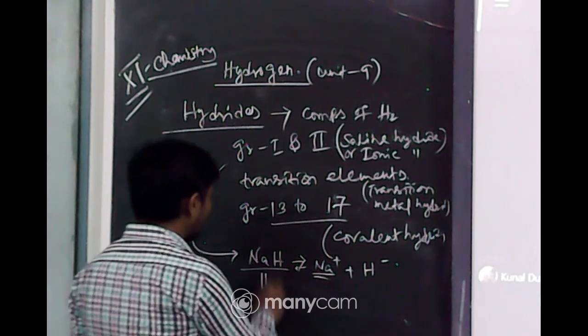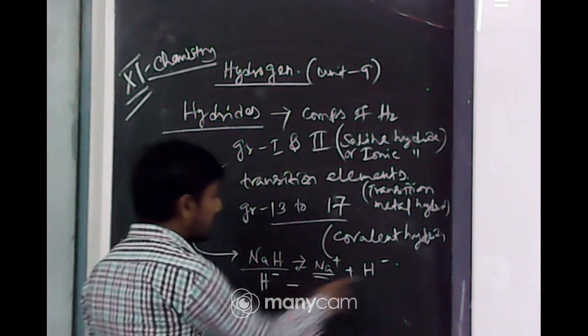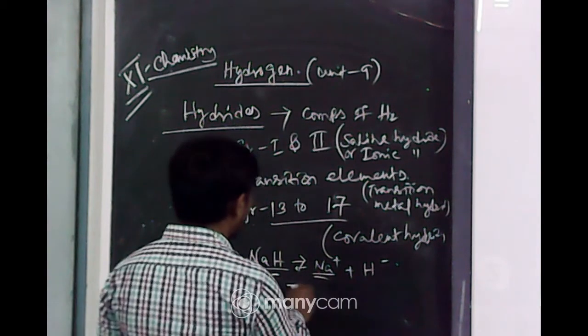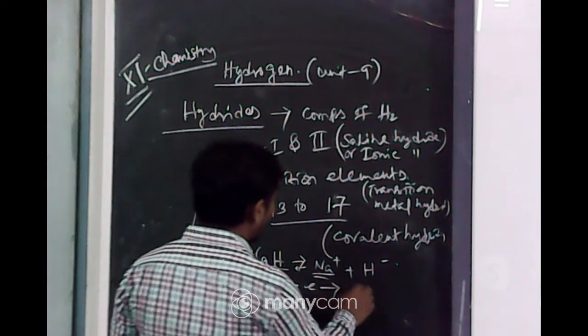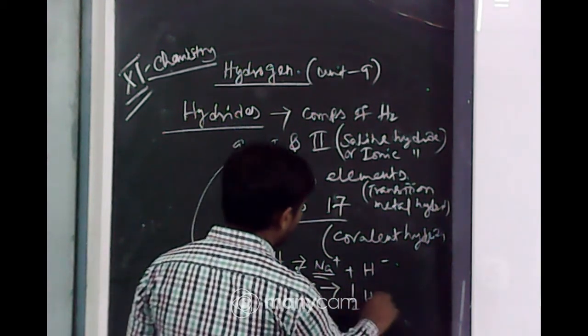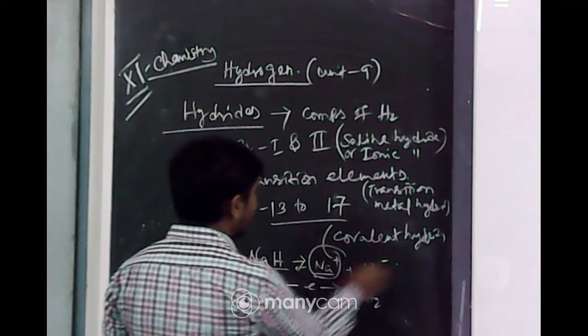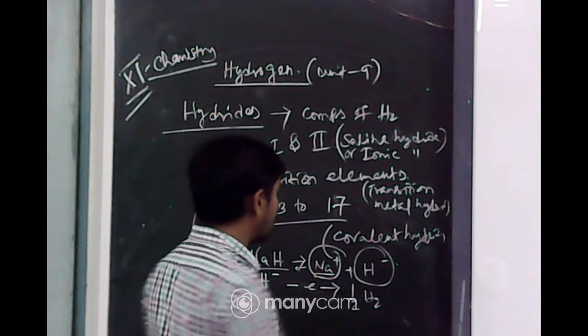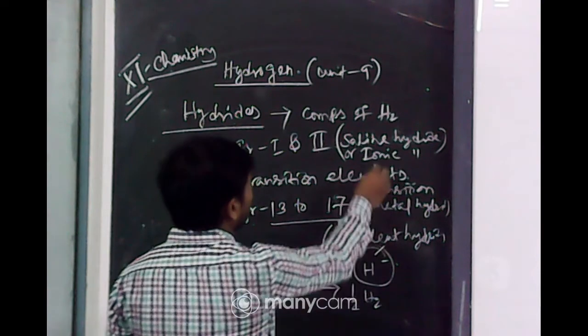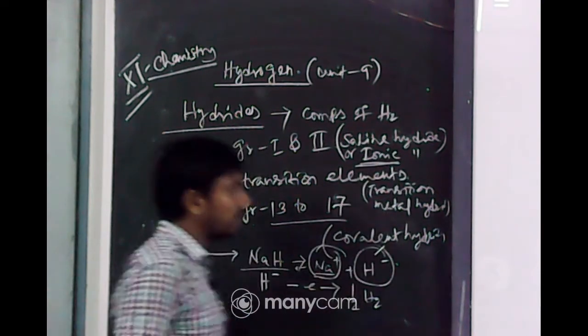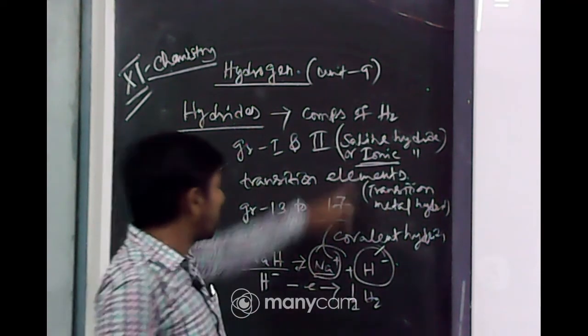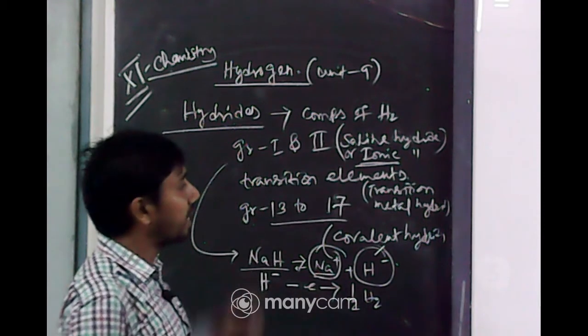So, hydrogen, as it is an anion, goes towards the anode and, releasing an electron, it will produce hydrogen gas. As it is dissociated into two different parts, one cationic part and one anionic part, it is ionic in nature. For this reason, it is ionic hydride or salt-like hydride or saline hydride.